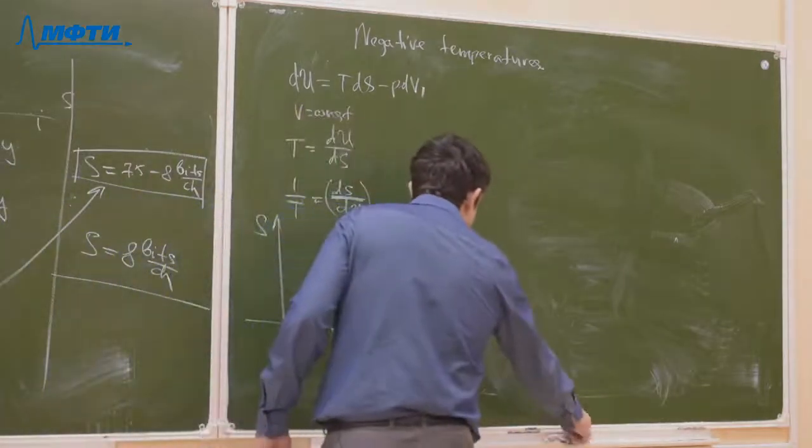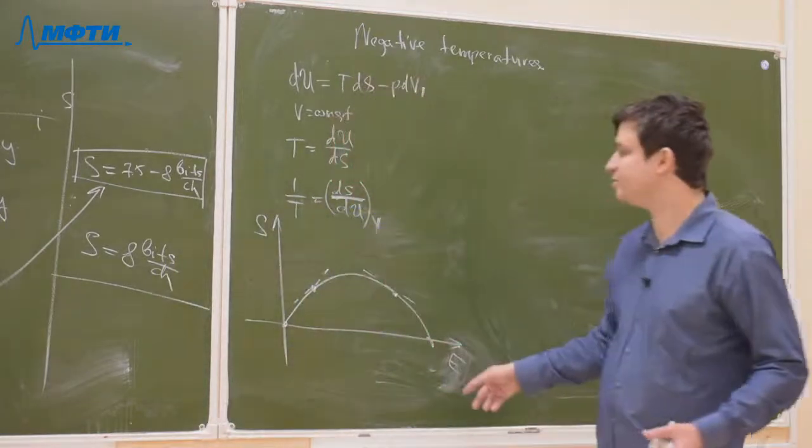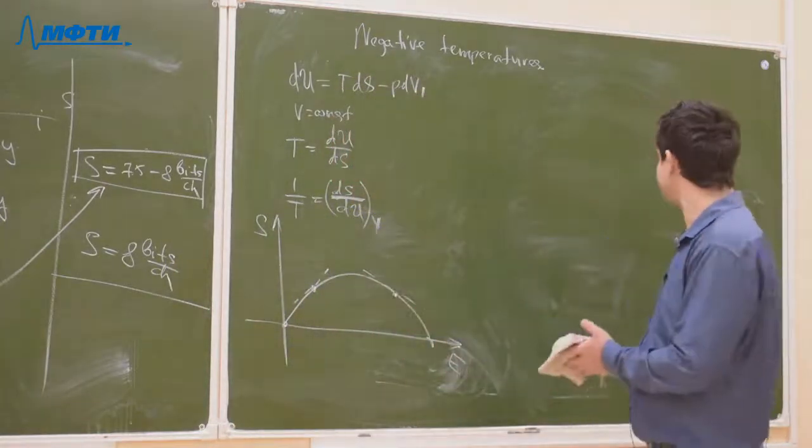Let's find an example for such a system which has an entropy dependence which looks like this.